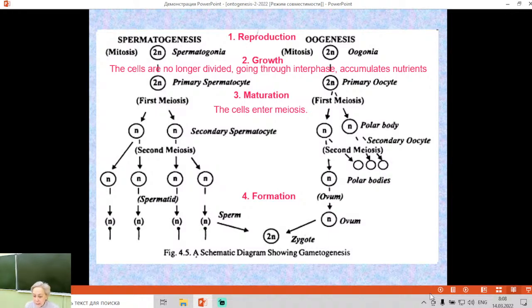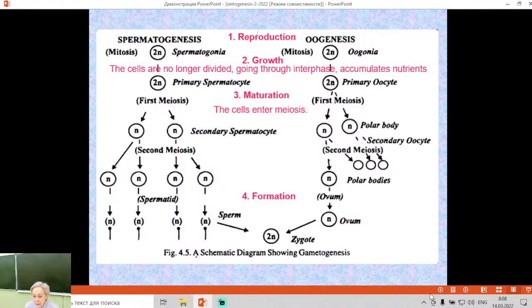Before mitosis, each spermatogonia has 2n4c because before each cell division, doubling of DNA occurs, and each chromosome consists of 2 chromatids.